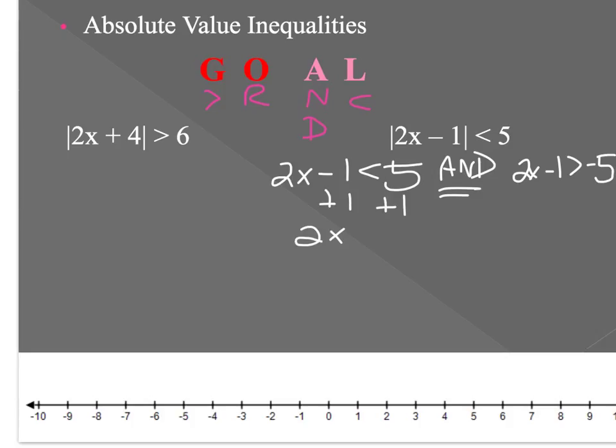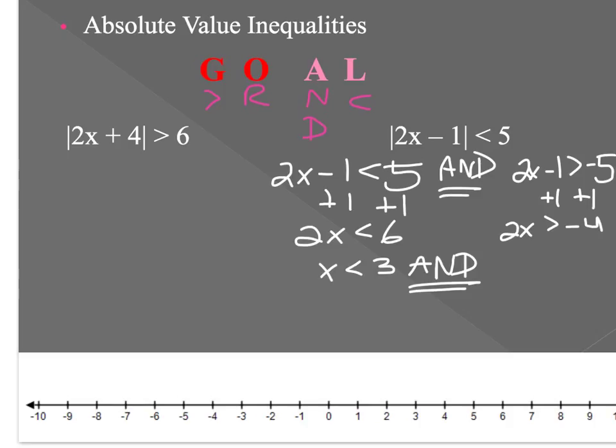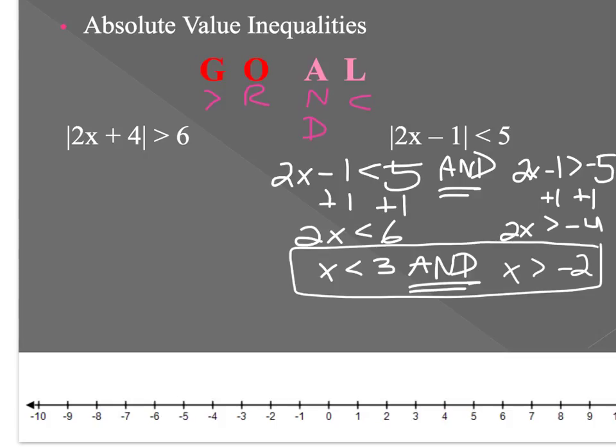So 2x is less than 6, which when we divide by 2 gives us x is less than 3. And we add the 1. 2x is greater than negative 4. Divide by 2, so x is greater than negative 2. So this is our compound inequality algebraically.